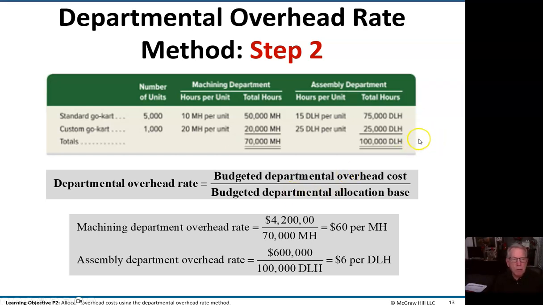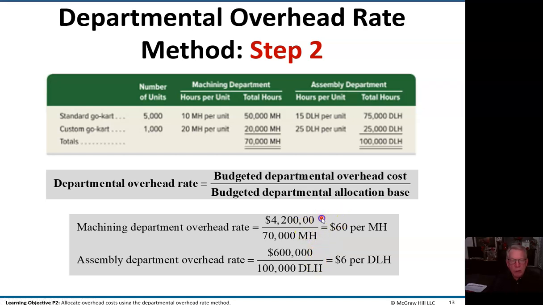Now we know from before we had 100,000 direct labor hours for the two products, standard go-kart and custom go-kart here. So now we're going to develop our departmental overhead rate.